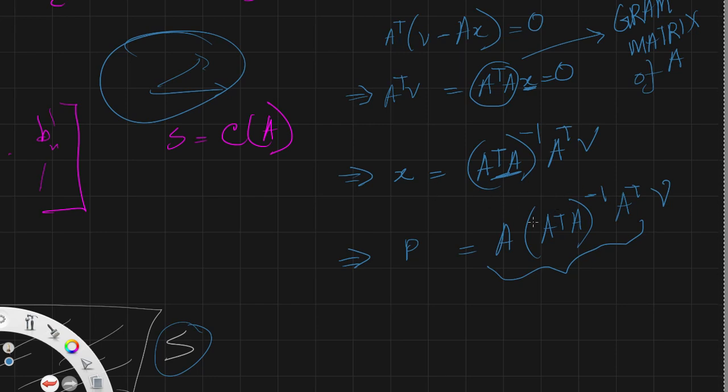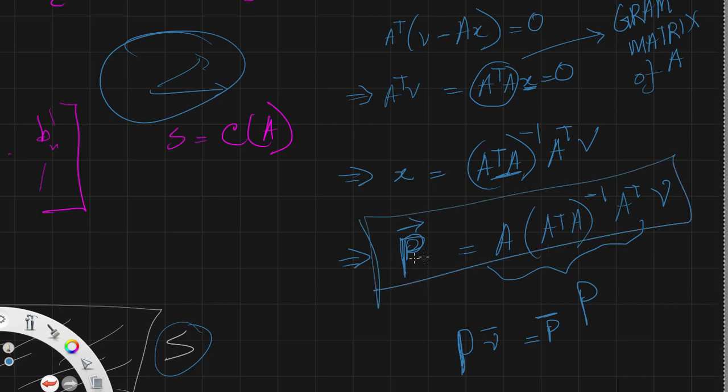Anyway, this part is called the projection matrix. We multiply the projection matrix with the vector V, and we get the projected vector. All right, so that was the derivation, and this is your ultimate formula: the projection is equal to A into the inverse of the Gram matrix into A transpose V.